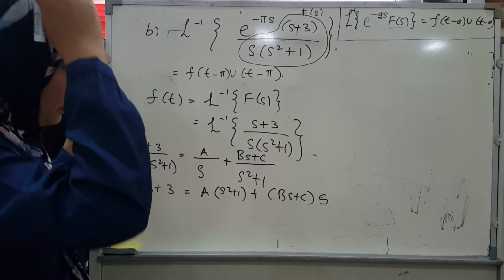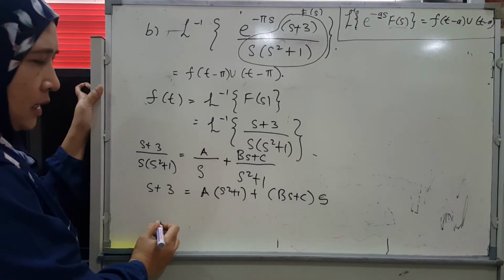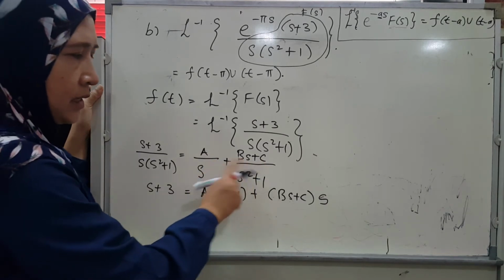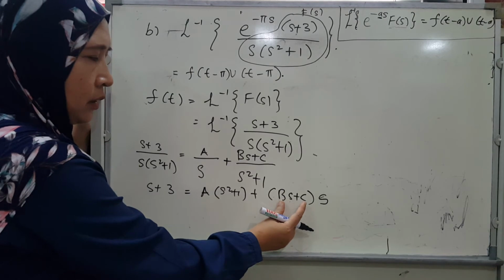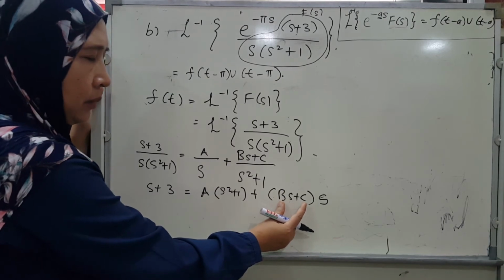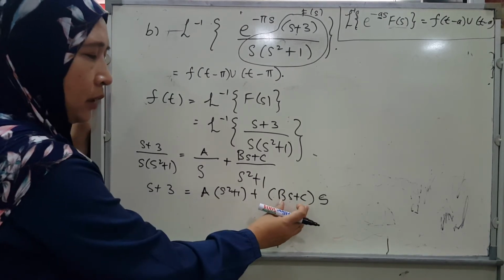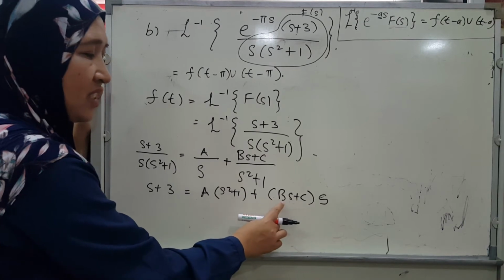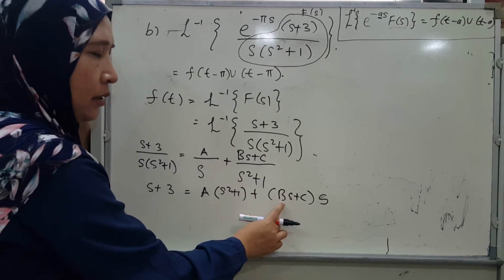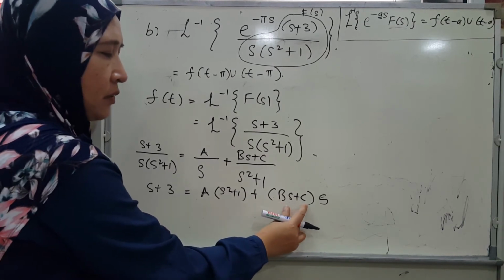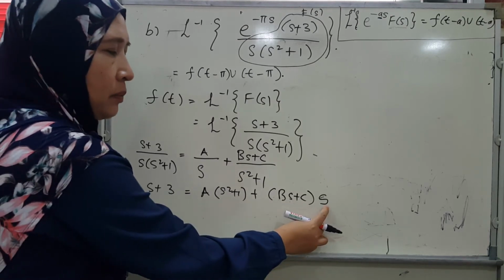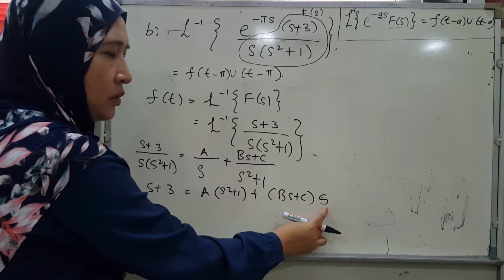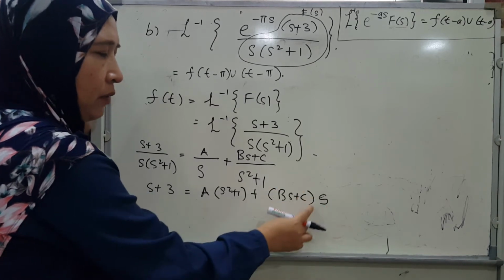Okay, so we have three constants, A, B, C. We need to eliminate two of them out of three. The easiest is to eliminate B and C first. In order to eliminate B and C, s will be 0, because 0 times any function will be 0.